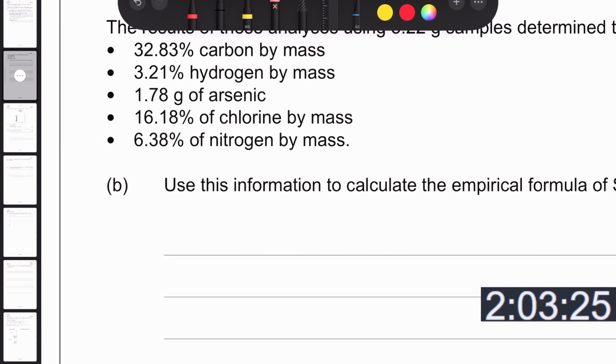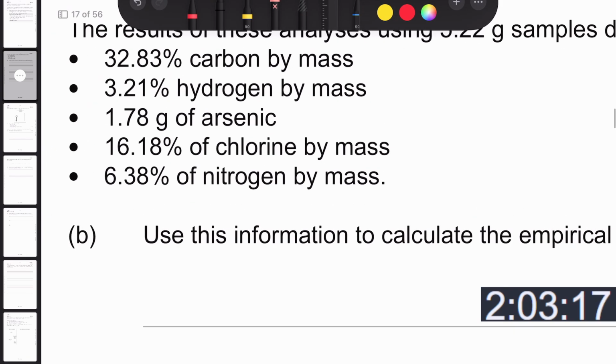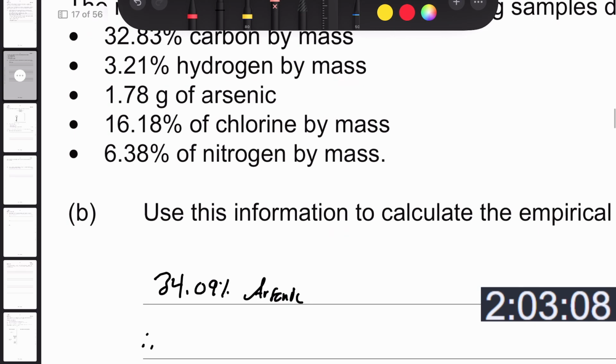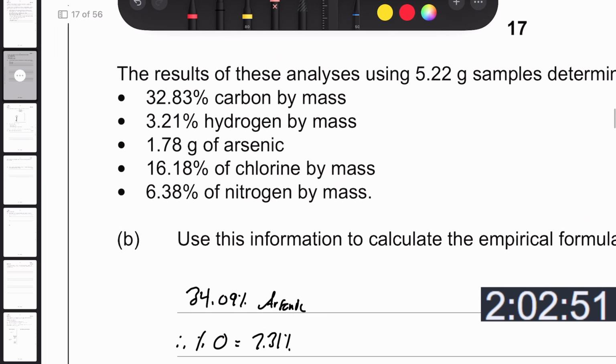Carbon, hydrogen, so I just need oxygen. 1.78 divided by 5.22 times 100. I feel like they gave me too much information. 34.09% arsenic. Therefore, percentage of oxygen is equal to 100 minus 32.83 minus 3.21 minus 34.09 minus 16.18 minus 6.38, 7.71%.